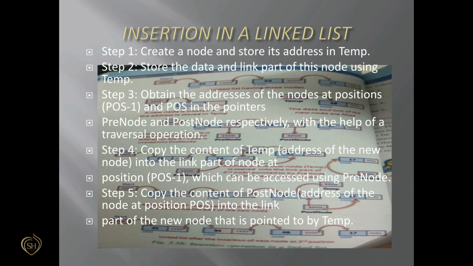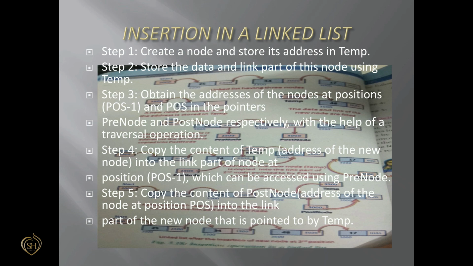Then copy the content of temp into the link part of the node at position pos-1. Whatever is written in the pos-1 node's link part is copied to the temporary node's link part, which can be accessed using pre-node.